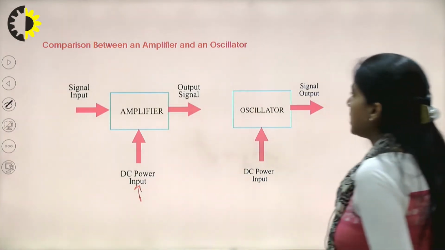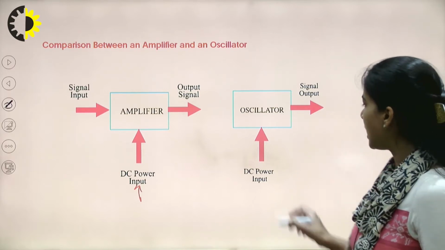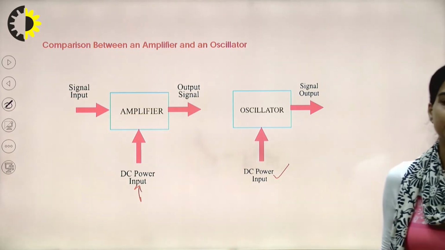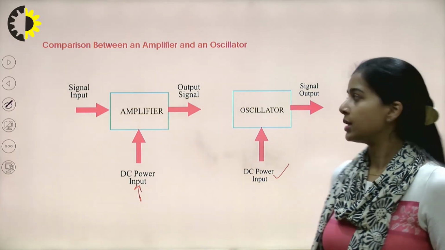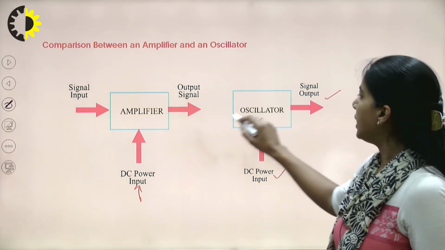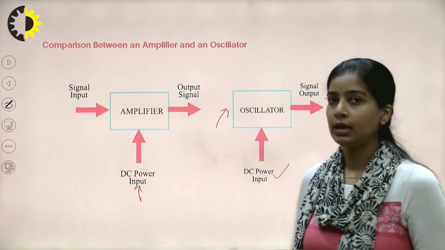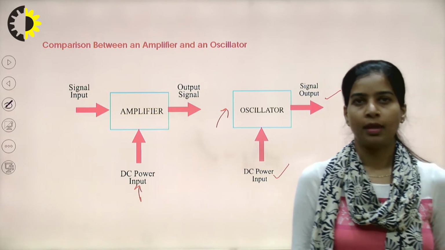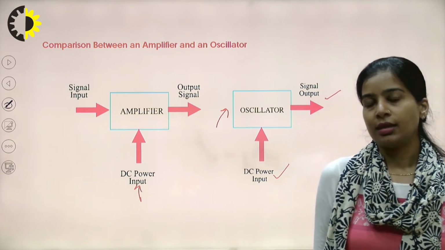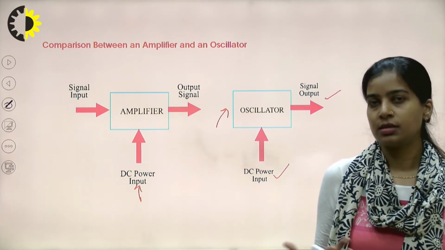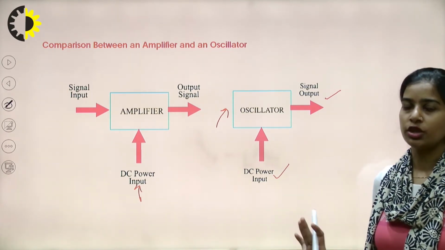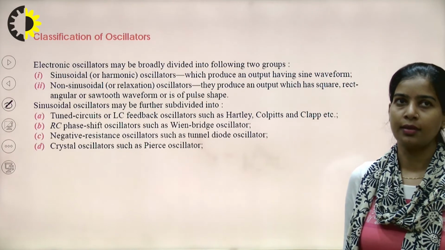But with the oscillator circuit, we have a DC power input that is required to operate the circuit, and the signal output. Here we do not have any external input to this oscillator circuit. This oscillator circuit oscillates and amplifies the signal that is generated within the circuit.